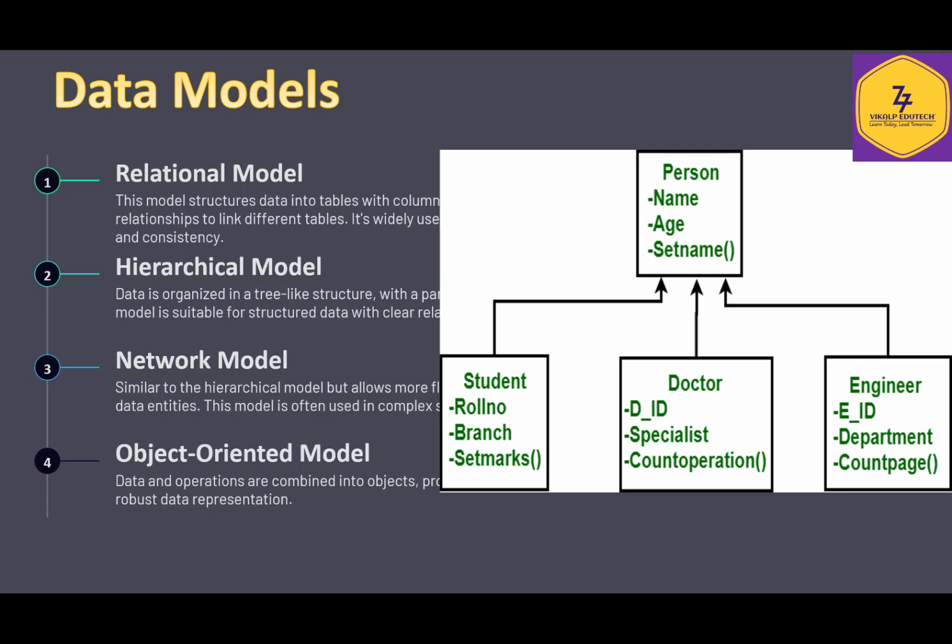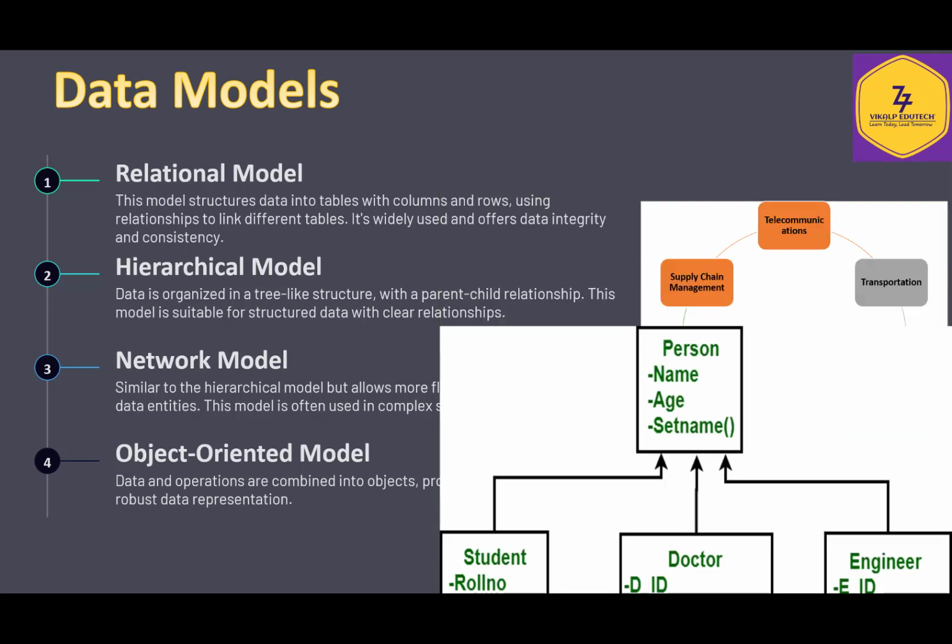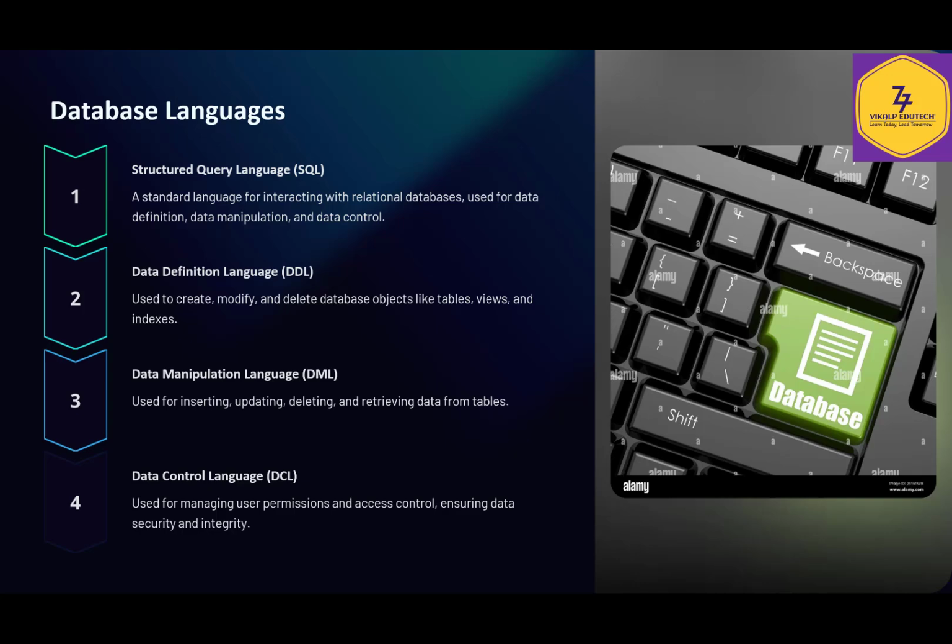Data and operations are combined into objects, providing a more flexible and robust data representation. For example, a data model for a person can be created with a standard set of details like name and age. Then, using this model, other data models like student, doctor, and engineer can be created with additional entities.